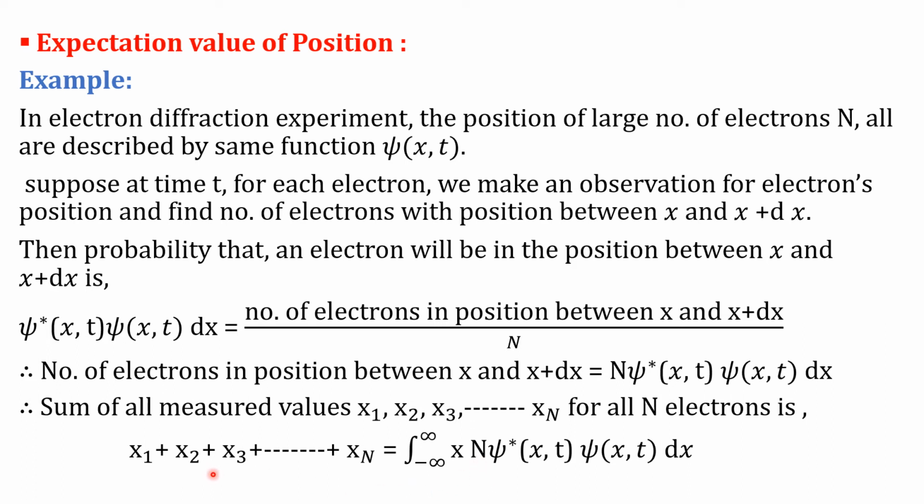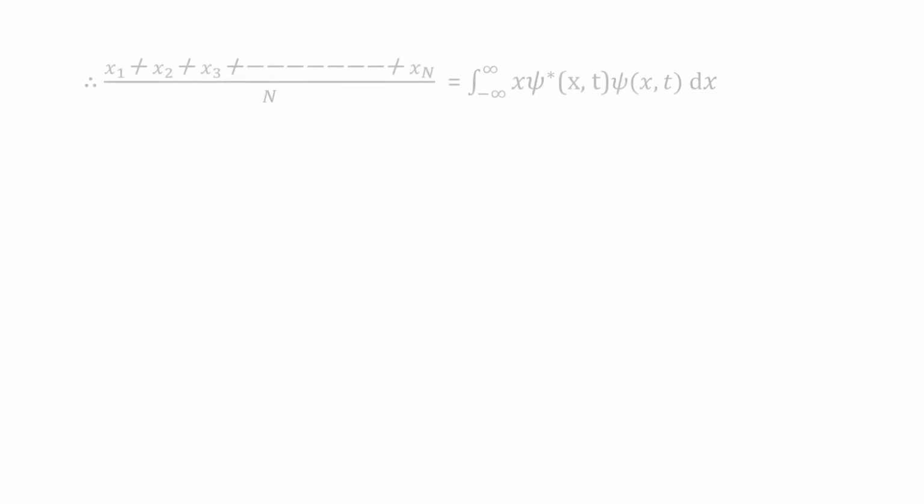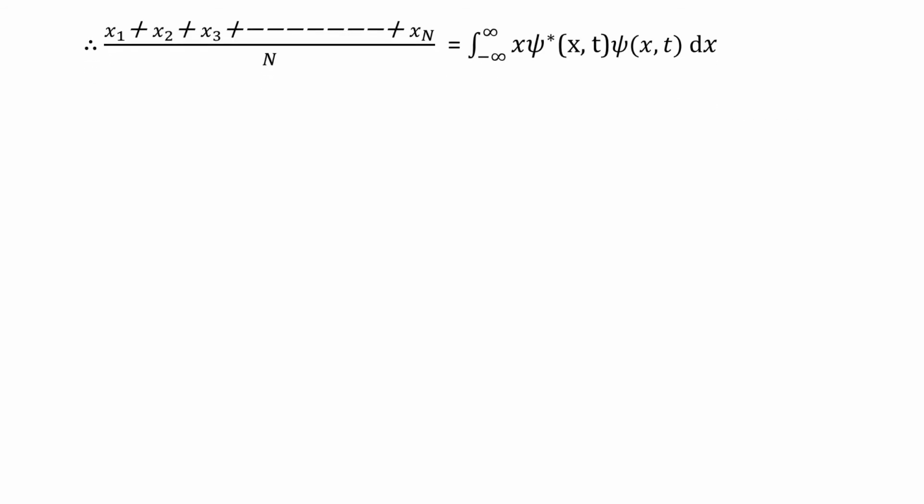Therefore, (x1 plus x2 plus x3 and so on up to xn) divided by capital N is equal to the integration from minus infinity to plus infinity of x psi star(x,t) psi(x,t) dx. This is the next equation. See this equation: x1 plus x2 plus x3 up to xn divided by n.